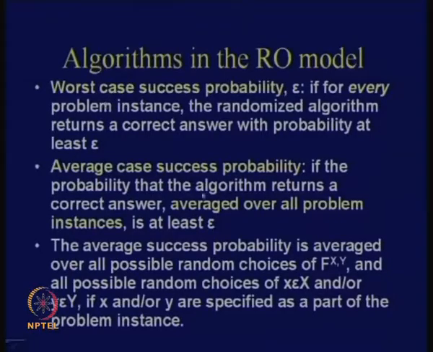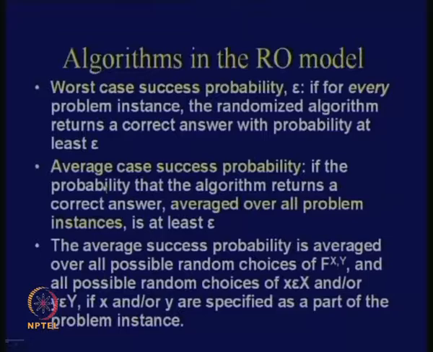If there is a worst case success probability of, say, epsilon, it means that for every problem instance this randomized algorithm will give you a correct answer with probability at least epsilon. Why is there a probability? Because it can fail sometimes also.